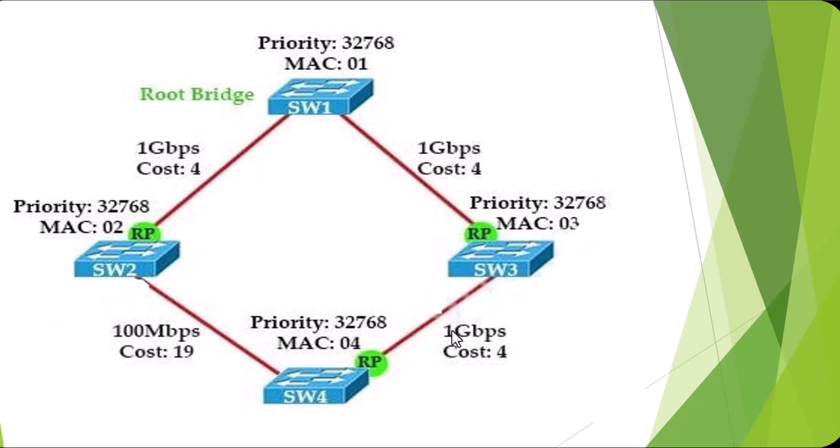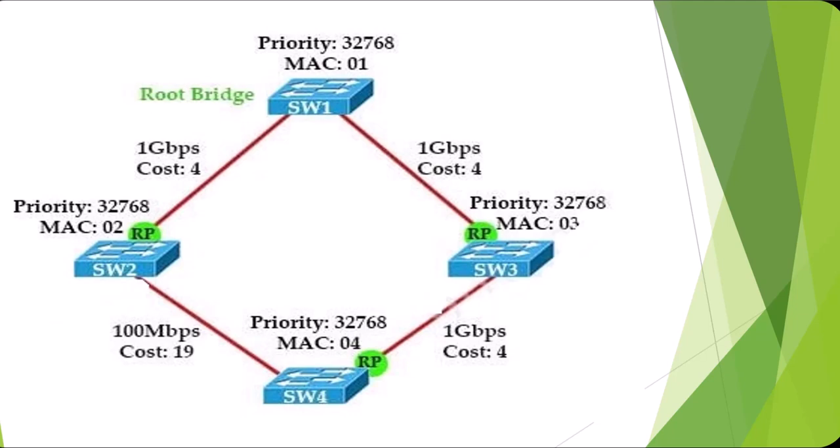Here we have 1 gigabit, here we have 100 megabit, and here again 1 gigabit, which has the cost of 4. Therefore this port will be elected as the root port.